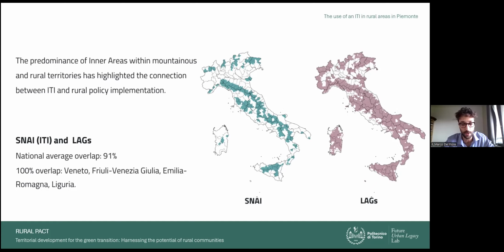And in some regions, mostly in the north of Italy, like Veneto, Friuli Venezia Giulia, Emilia Romagna, and Liguria, this overlap reached 100%. So this alignment highlights the importance of coordination strategies for effective rural development.